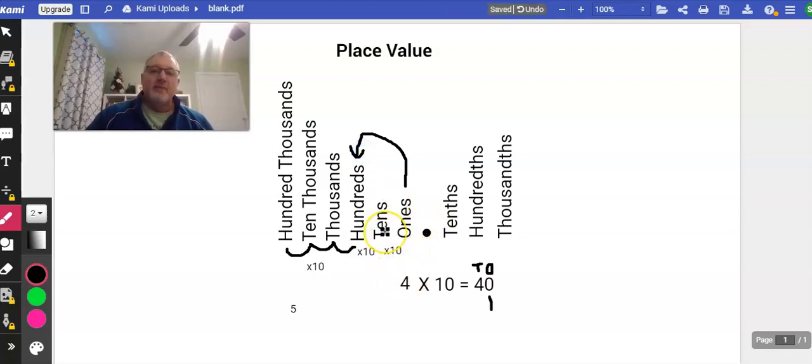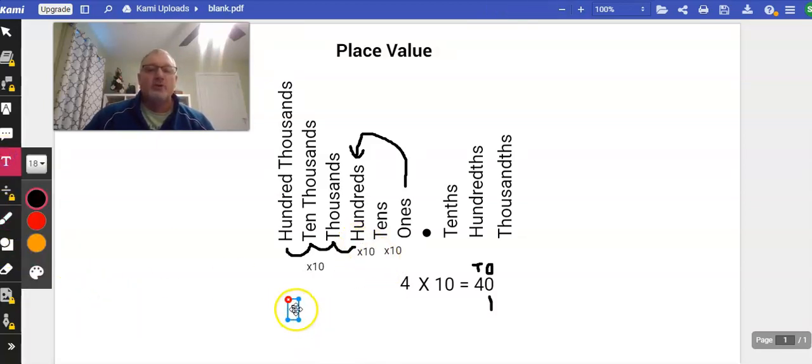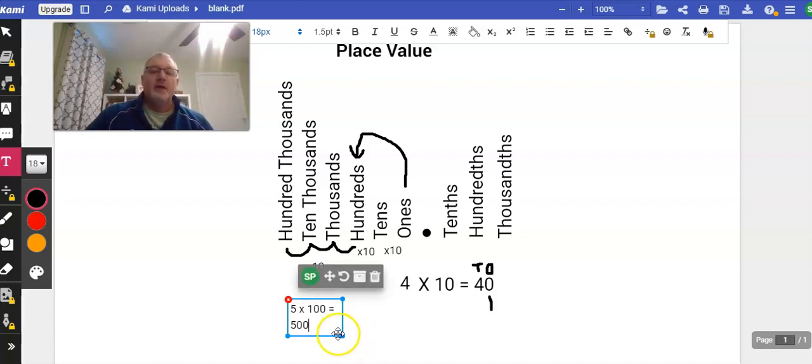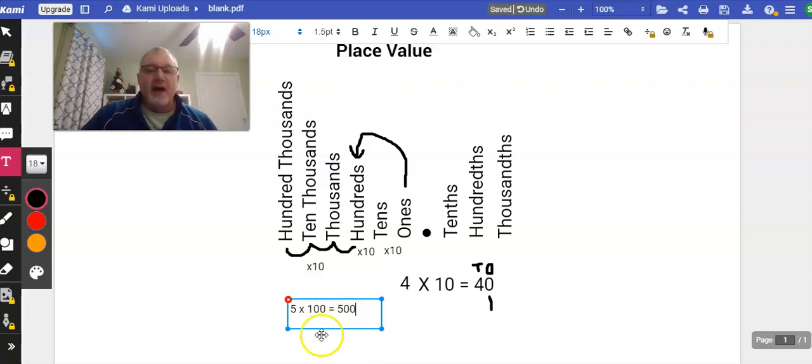Well, I'm multiplying by 10, and then I'm multiplying by 10. So in essence, what we are doing is we're multiplying by 10 by 10, which is really what? Yeah, we're multiplying by 100, okay? And that gives us what? 500, okay?